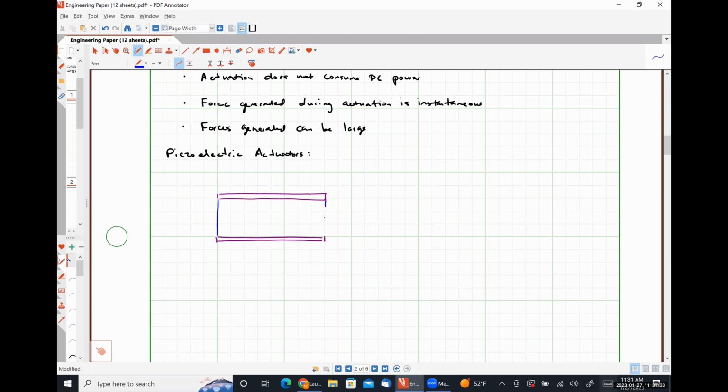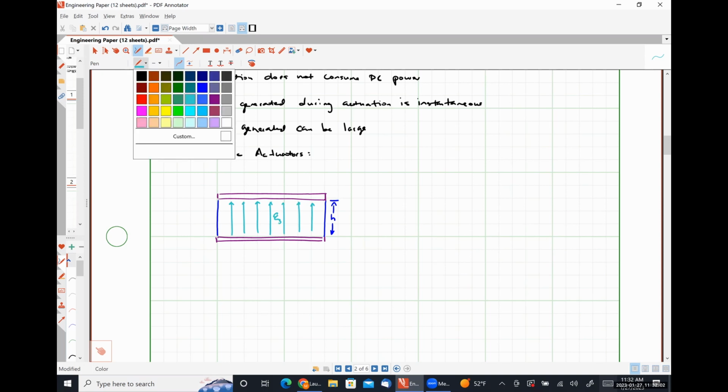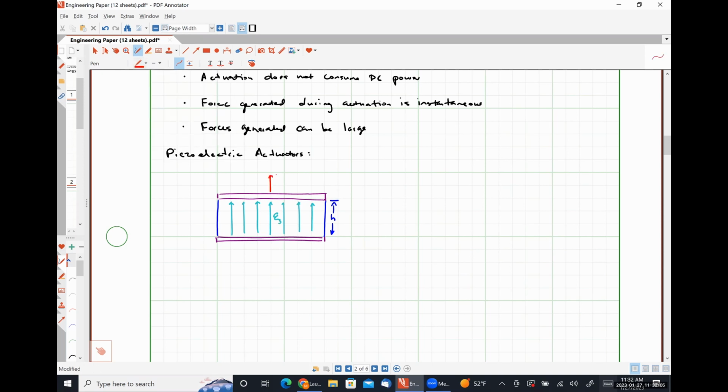Our piezo material is sandwiched between our electrodes, and in this case our material has a height of h. If we apply an electric field in this direction, which we'll call the 3 direction, we should generate some force in the 3 direction.